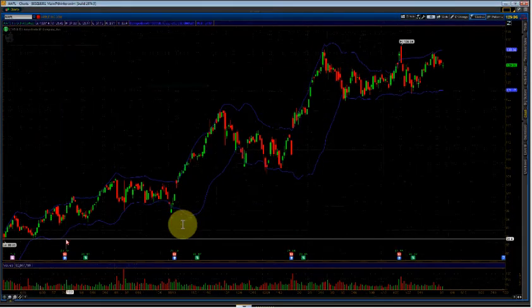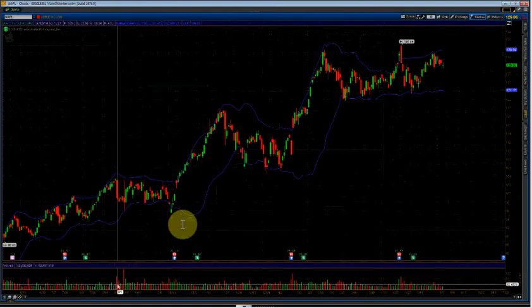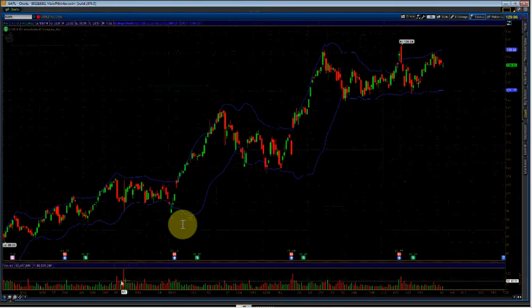Now, it might be fairly easy for you to determine just by looking at this that those Bollinger Bands look like I could just buy calls when it touches the bottom, right? Isn't that kind of what it looks like?